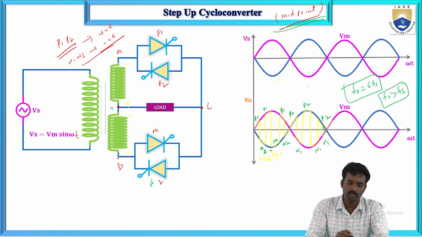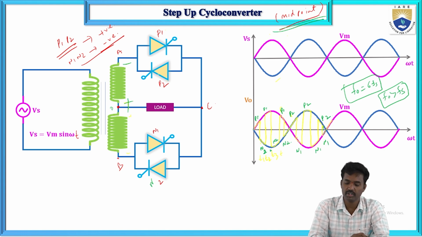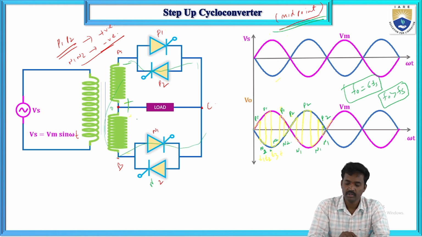P2 will conduct when it is negative and when it is positive. During that case P2 and N1 switches will conduct. So from A, P2, C, and this one load and again come back. This is the P2. So this is the output voltage waveform for the step up cycloconverter.